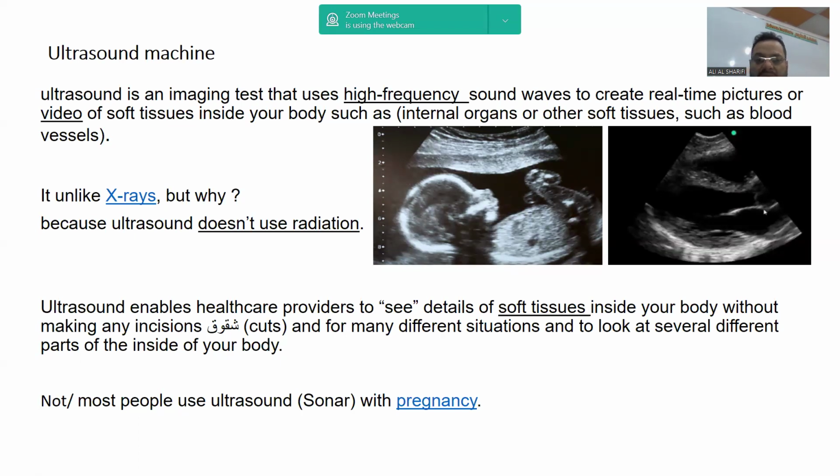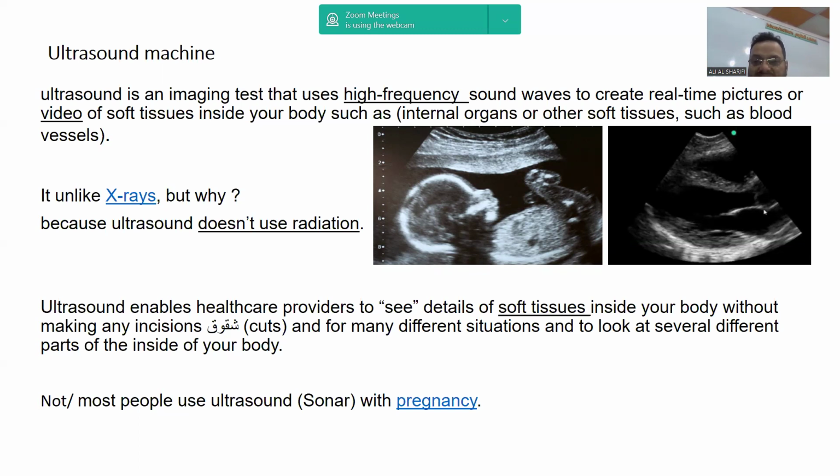Here it's unique and different from X-ray. Here we can deal with pictures or videos, but X-ray focuses just on pictures of soft tissues inside your body, such as internal organs or other soft tissues such as blood vessels. Blood vessels are a good example of soft tissues.